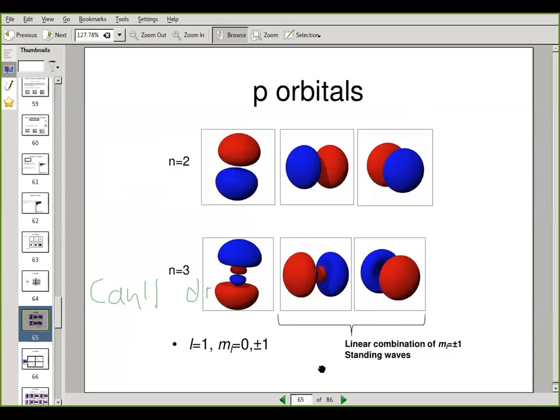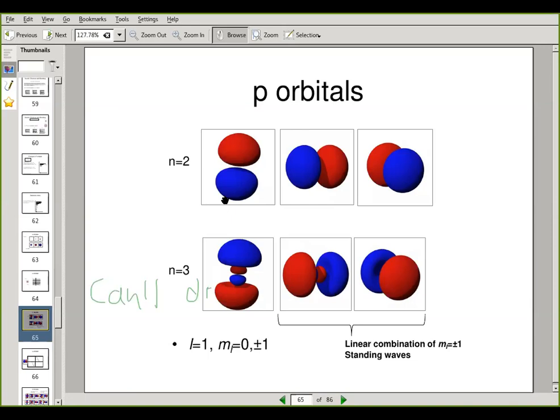With p orbitals, we've got an interesting situation: there are three possibilities where your ML is 0 or plus or minus 1. It's interesting that when you solve the Schrodinger wave equation, you don't automatically get these three coming out. For ML is 0, it comes out beautifully, but you end up with two other solutions that are not stationary and move.